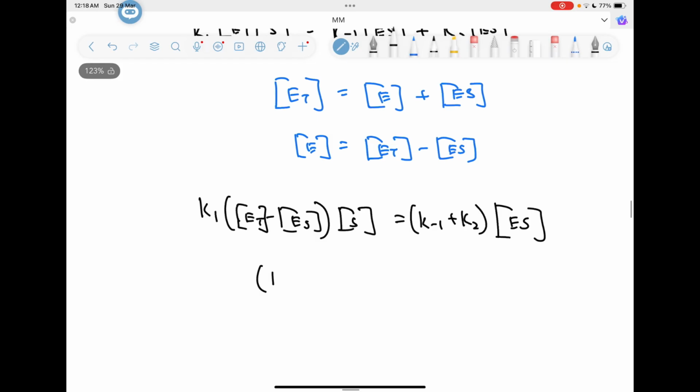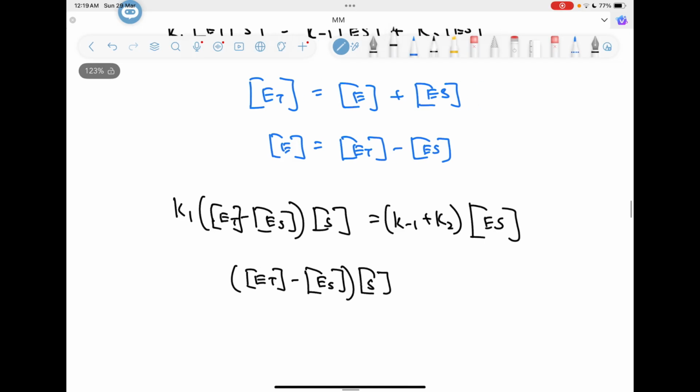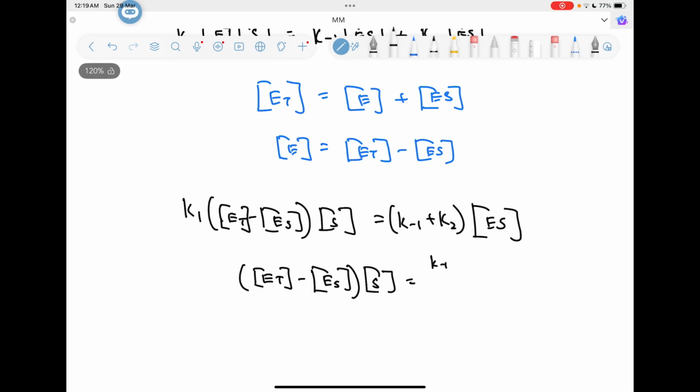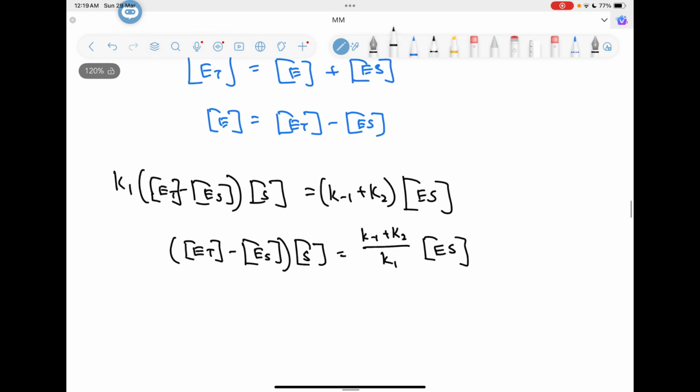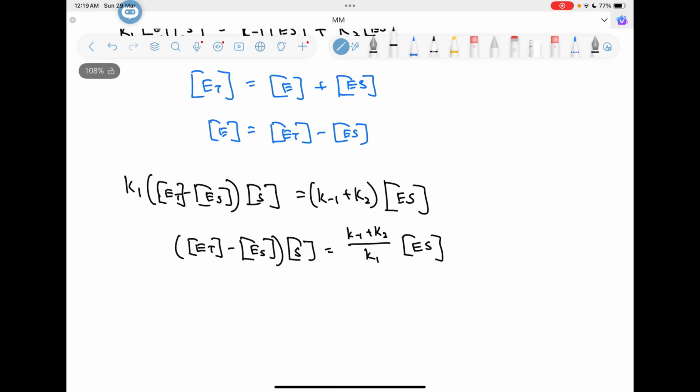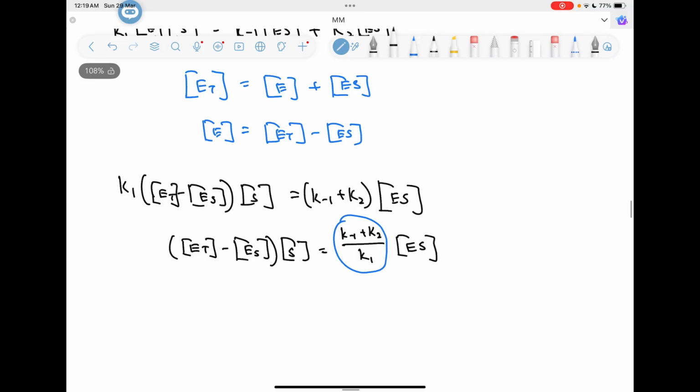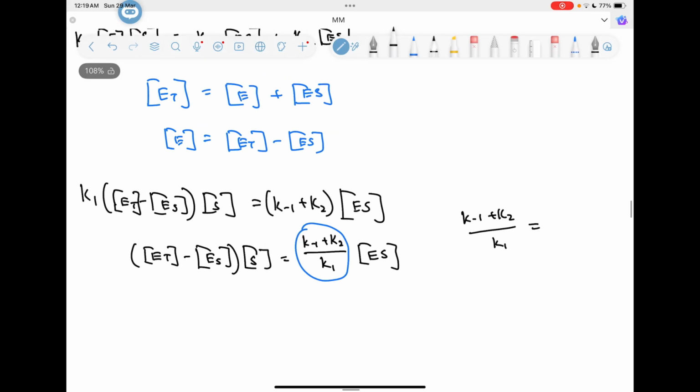So we'll get ET minus ES times the concentration of S equals to K minus 1 plus K2 over K1 multiplied by ES. And this term over here is defined as Km. So K minus 1 plus K2 over K1 is also known as the Michaelis-Menten constant.